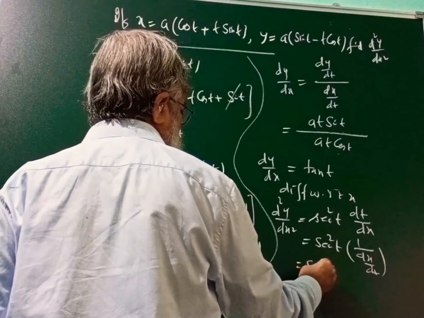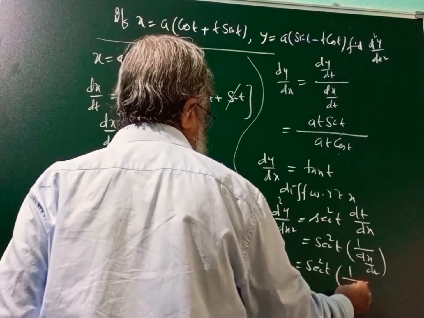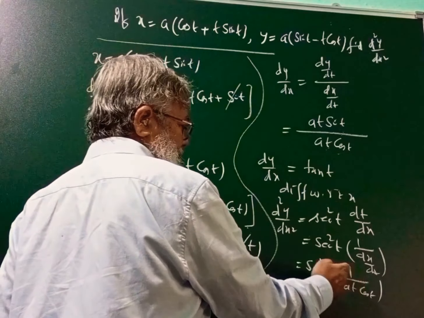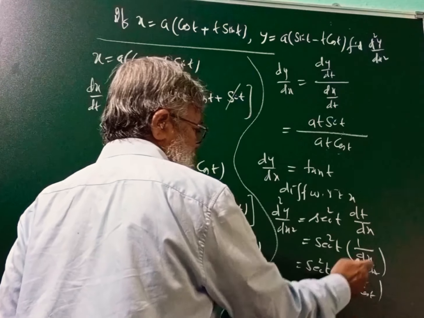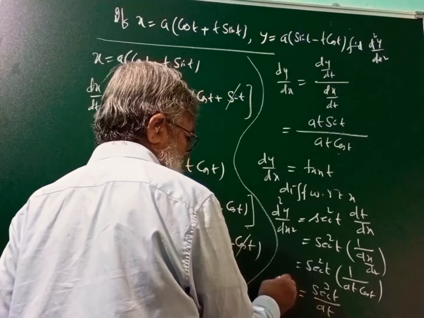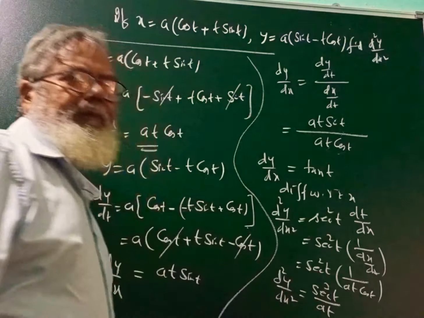That is sec square t into 1 by a t cos t. But here you see 1 by cos is again sec. So our answer is sec cube t, 1 sec comes from here, by a t, that is the value of d square y by dx square.